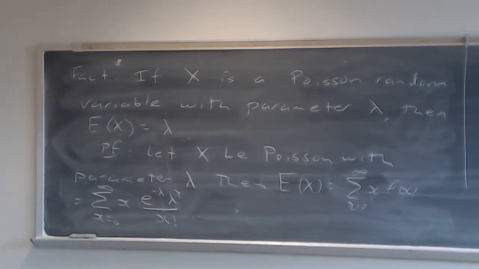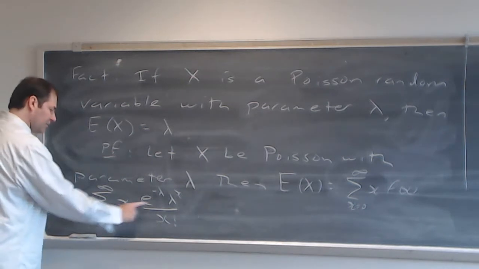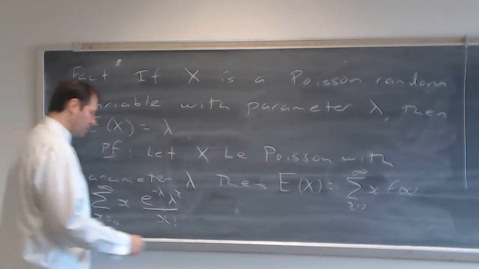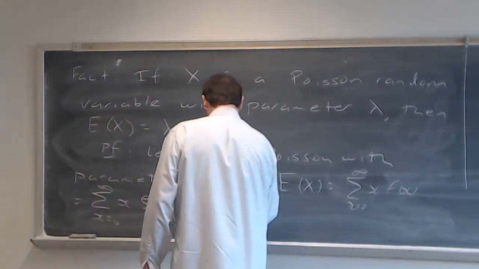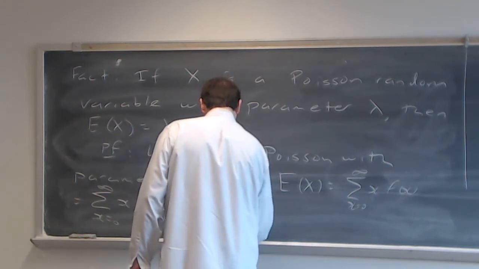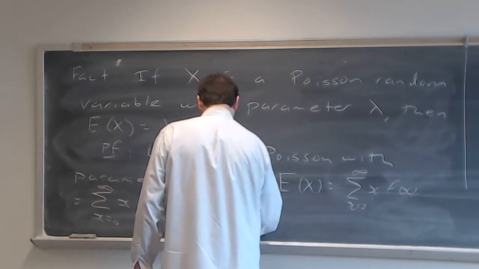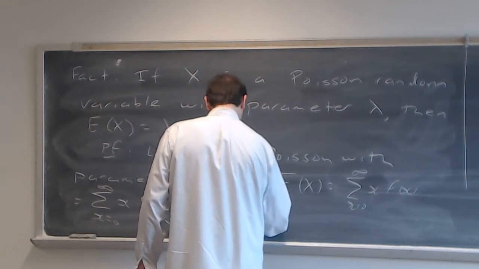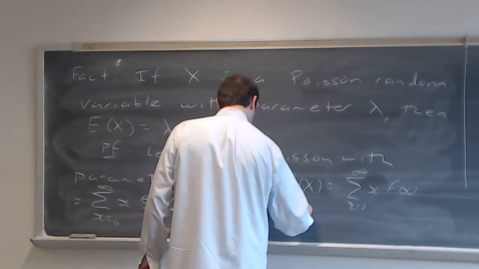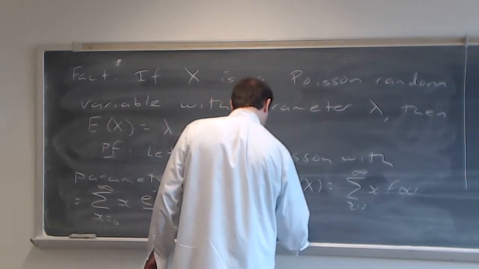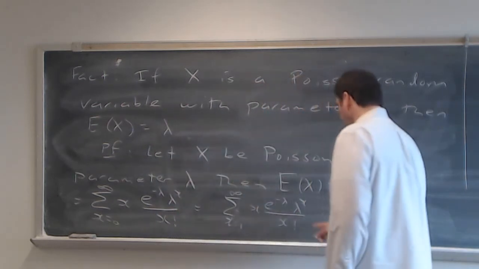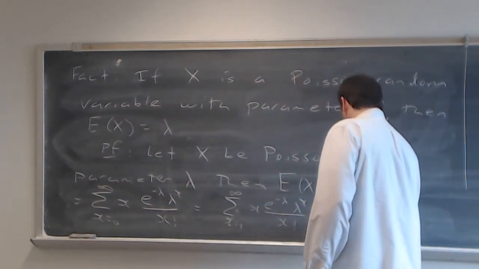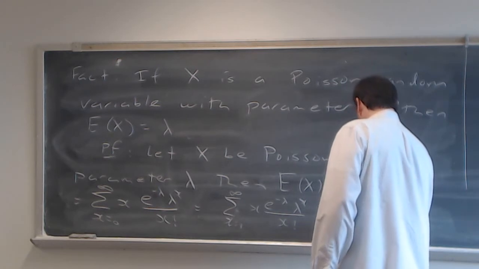And one of the things that's obvious is when x is 0, 0 times something is just 0. And so you might as well have the sum running from 1 to infinity of x e to the minus lambda, lambda to the x, all over x factorial. Now, e to the minus lambda is something that doesn't depend on x, so I'm going to pull that out.